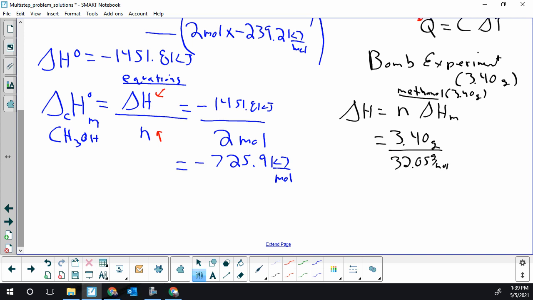Okay, so that will give us our moles times our molar enthalpy. And we're going to solve for how much energy was created by the chemicals and how much must have gone into the surroundings.